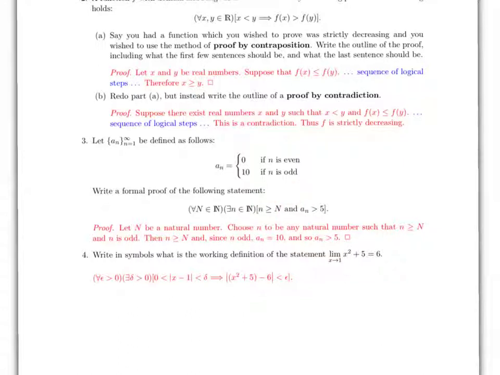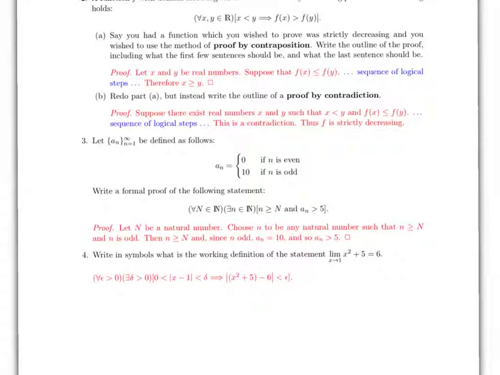Okay, so there are 3 pieces for you to deal with. In your proof, when you see this, you're supposed to say, let capital N be a natural number. And when you see this, you're supposed to choose little n in some appropriate way so that this part of the statement will automatically be true. The choice of this little n is somehow going to depend upon the capital N that was given to you in the first step.